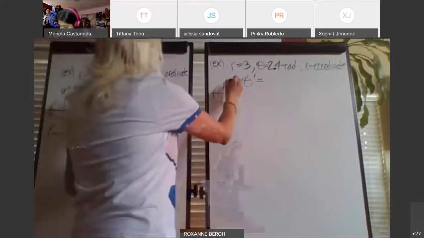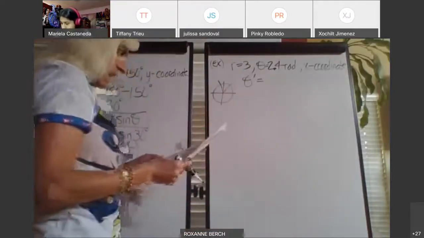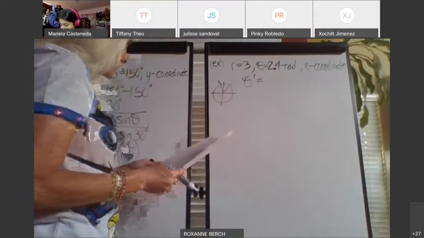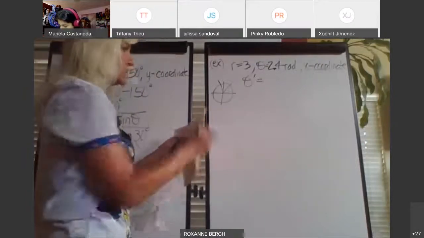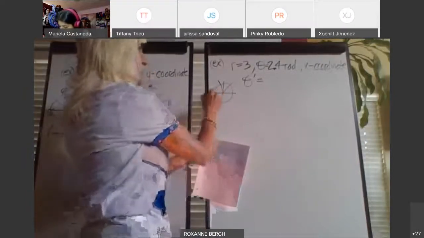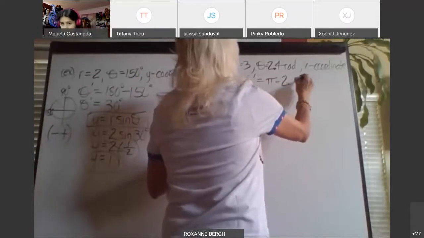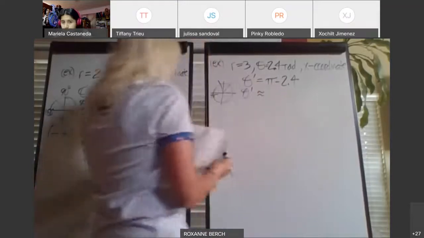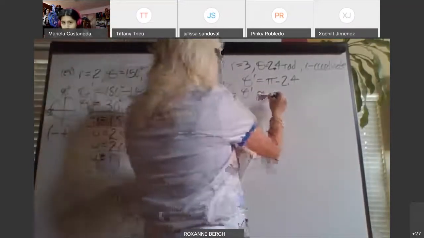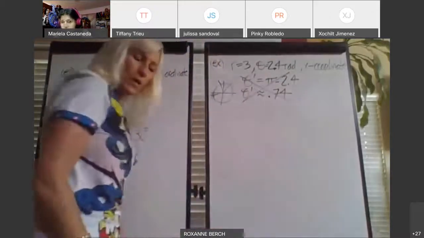So we know that 1 radian looks like that, and 2 is over here somewhere. Anyhow, you go to the closest horizontal, which in this case would be pi, and you subtract off 2.4, well, that's about 0.74. We don't know anything about that.